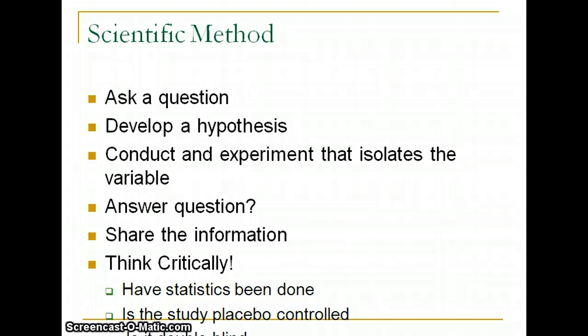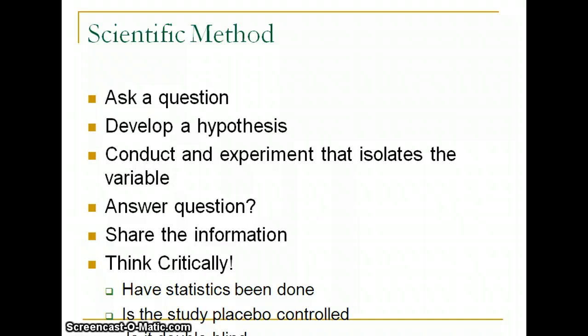So our hypothesis might be that it will help 10K running performance or that it will not, whichever. And then we conduct an experiment that isolates the variable. So we want to be very careful to make sure that what we're measuring is what we think we're measuring. We want to make sure that we're not measuring how hot the day is or how fit the runner is, that we're actually measuring the effect of our variable, which in this case would be carbohydrate consumption, right? So then hopefully we'll do our study, we'll answer the question.